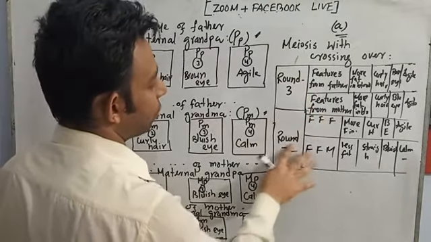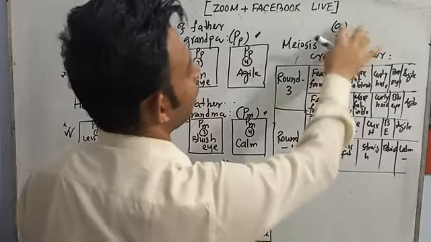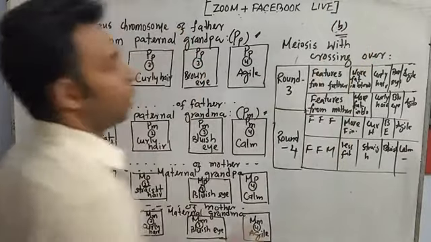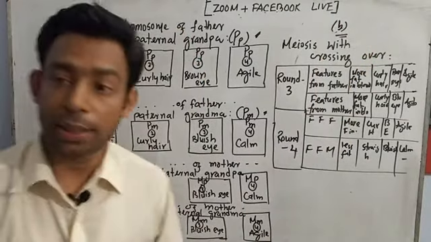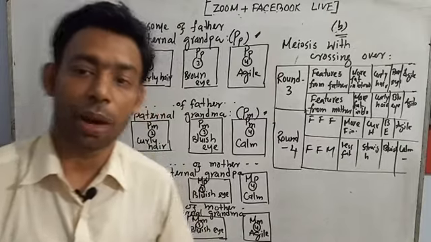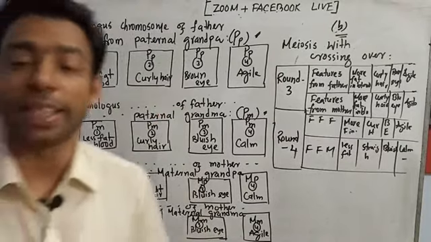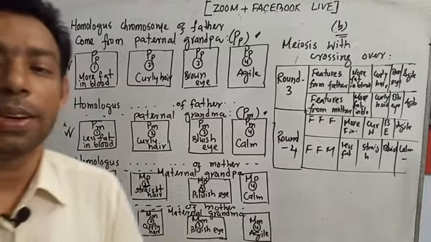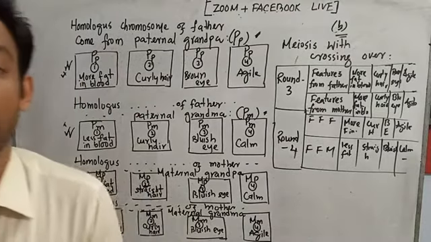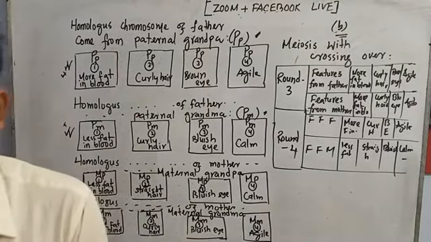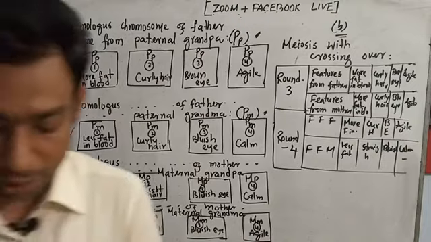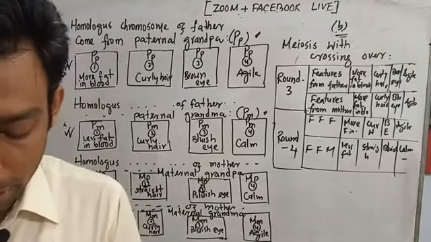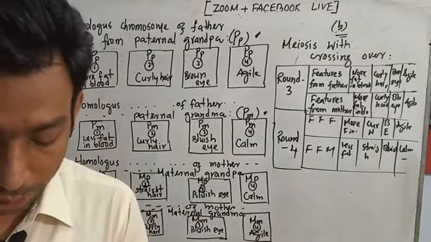What is the instruction for here? Question number B, answer number B. Round 3 and round 4 need to have the crossing over. Yes, crossing over. So the instruction, look at here. When I translate it for you today, you will get the proper knowledge about that.